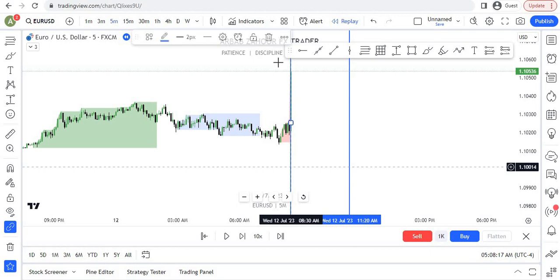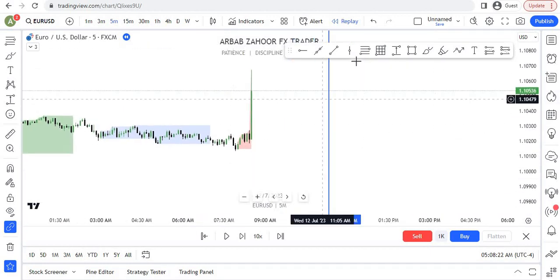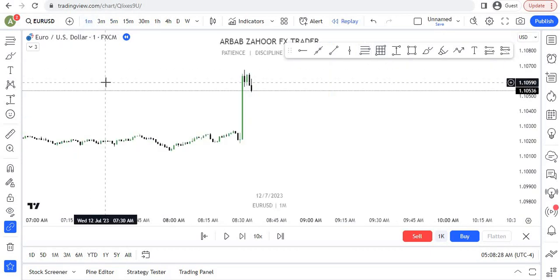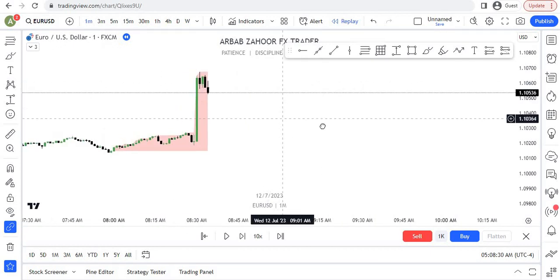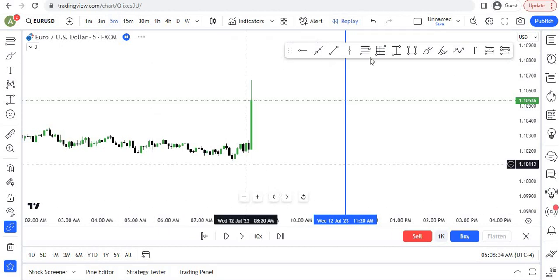This is also news time, 8:30, so no problem. Now we have to shift to 1 minute. ICT said stay in the 5-minute, but I tell you 1 minute because many times you miss a trade on that area.